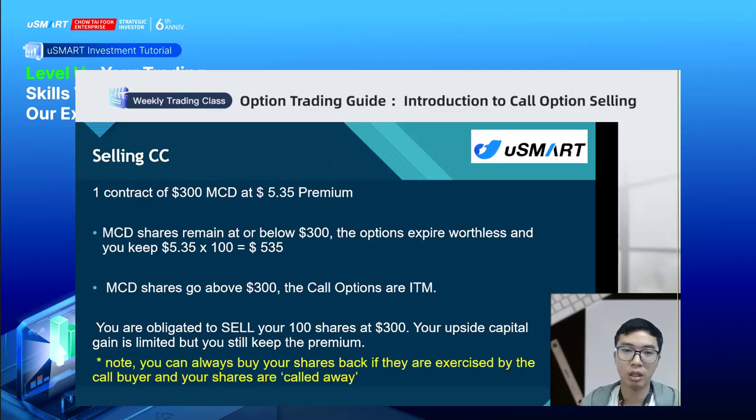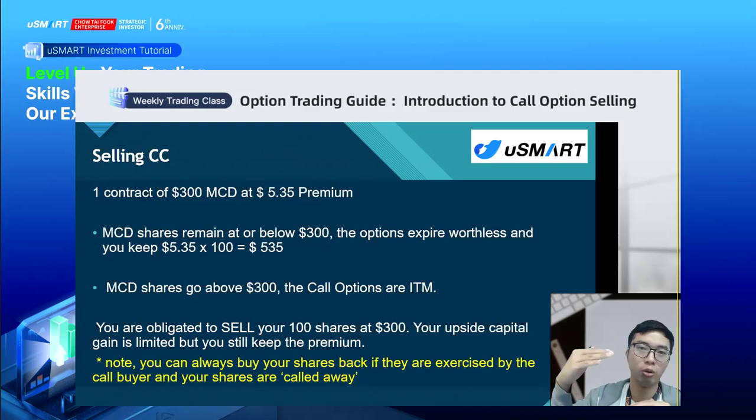For those who are scared, we have these 100 shares and we already sold them, but we can always buy back the 100 shares, right? We buy these stocks like McDonald's at maybe 100, then maybe 200. When we hit 300, we do a sell call at 300.